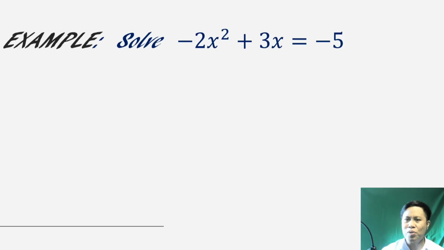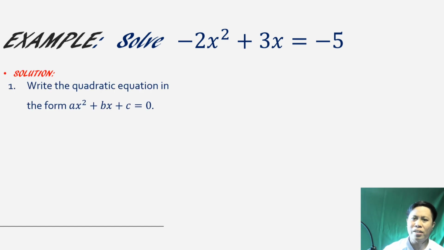Solve negative 2x squared plus 3x equals negative 5. First, we have to write the given quadratic equation in standard form, ax squared plus bx plus c equals 0. So we write negative 2x squared plus 3x plus 5 equals 0.